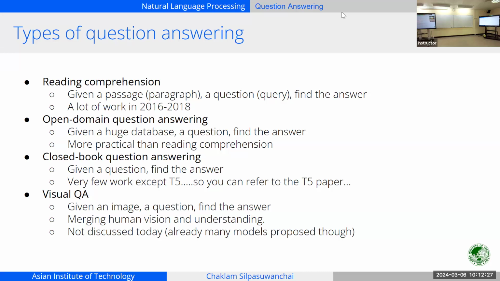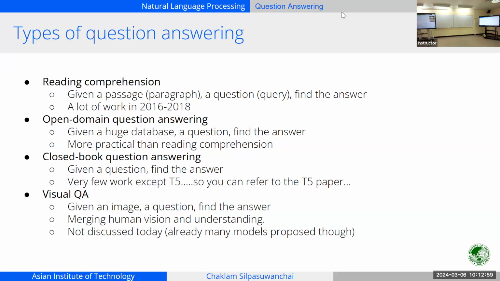Other than that, there's no database, so you cannot expand the knowledge. There's very little benefit in working on closed book, except if you want to beat ChatGPT, which is like an oracle that can answer everything without even a database. ChatGPT doesn't have a database. All the knowledge is encapsulated in those 175 billion parameters.